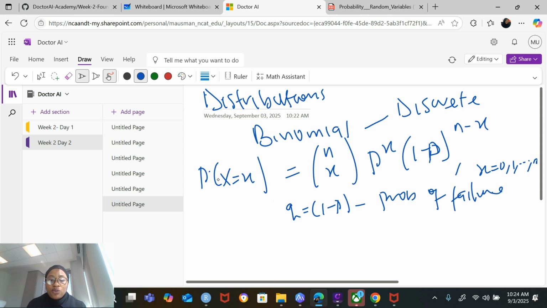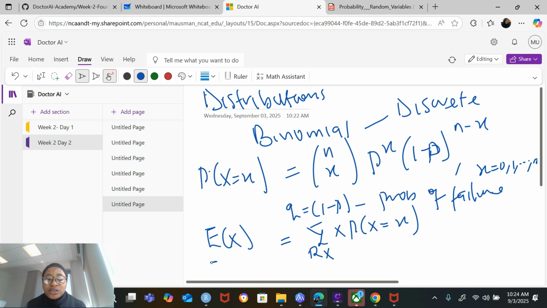So from here, we can generate our mean and our variance, like we said last class. The expected value of X in this case is the summation of x times P of X, over the range of X. So you can do this and substitute. In fact, this should be an exercise. And from here, if you properly do your math right, your expected value of X should be what? np for a binomial.